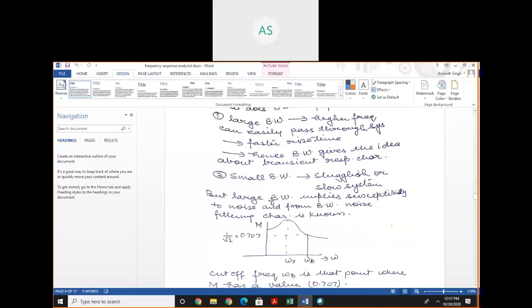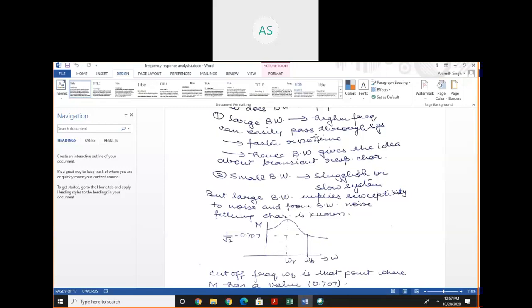So faster rise time means that bandwidth gives the idea about transient response characteristics. The specifications of transient response characteristics are TR, TS, TP, and MP. So we can say that bandwidth gives the idea about transient response characteristics.